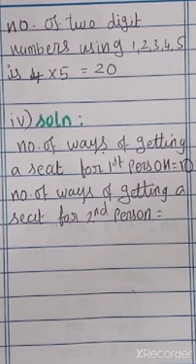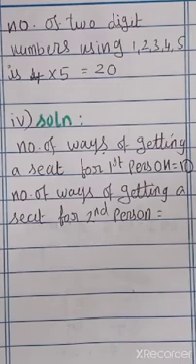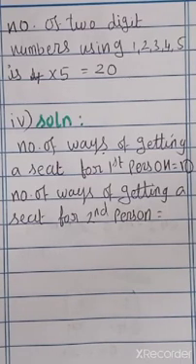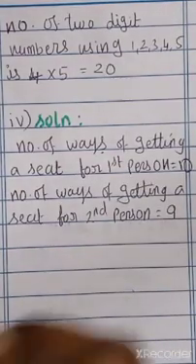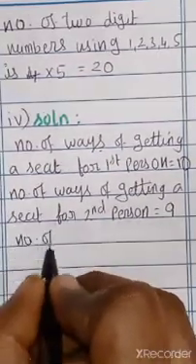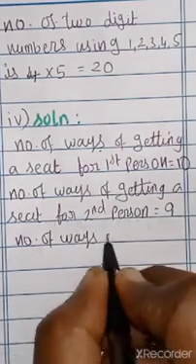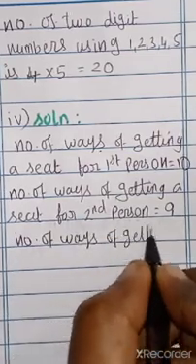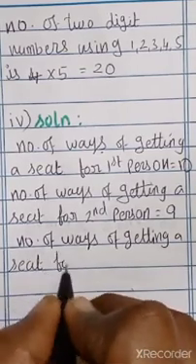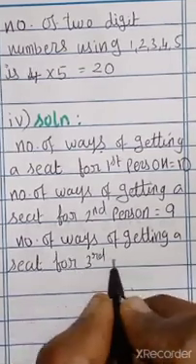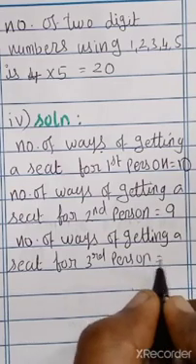In the 9 seats wherever he wants he can sit, right? So he can choose in 9 ways. Similarly, now tell me, last person, how many ways will he get a chance? Yes, 8. Number of ways of getting a seat for third person is 8.